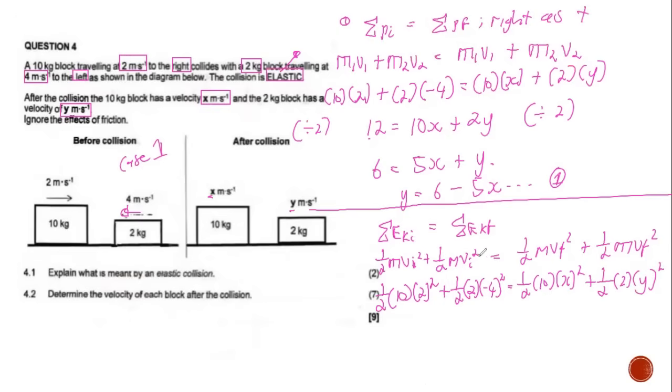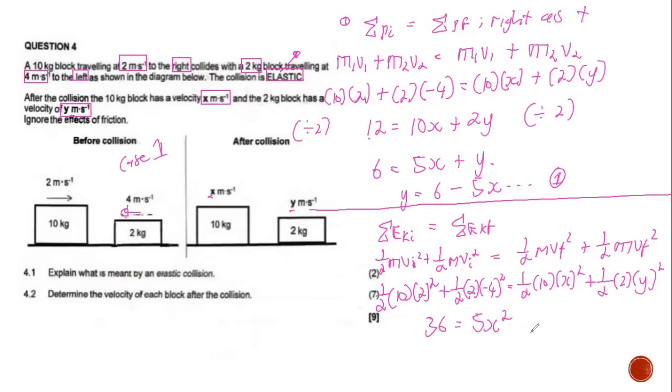Right. Now let me punch all this on the left-hand side on my calculator. Then this is going to give me 36 on the left-hand side, and then half of 10 is 5, so I have 5x squared.